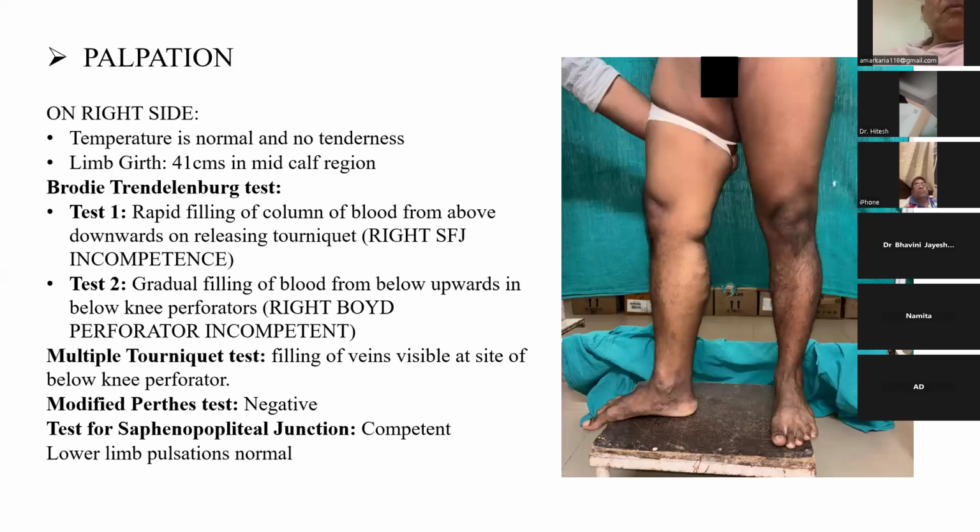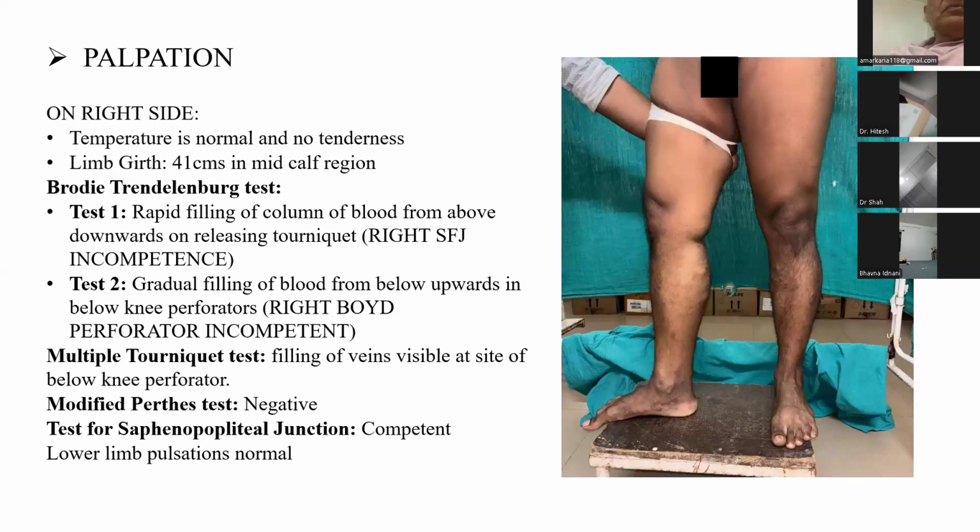I think it's very difficult to say. Yes, sir. If it rapidly fills up from below upwards, there could be a perforator in the leg also, Cockett's perforator or any other perforator. It is very difficult to say. Where is the Boyd perforator, Dr. Pal? Below the knee, 2 to 3 centimeters below the knee. So there are other perforators in the leg.